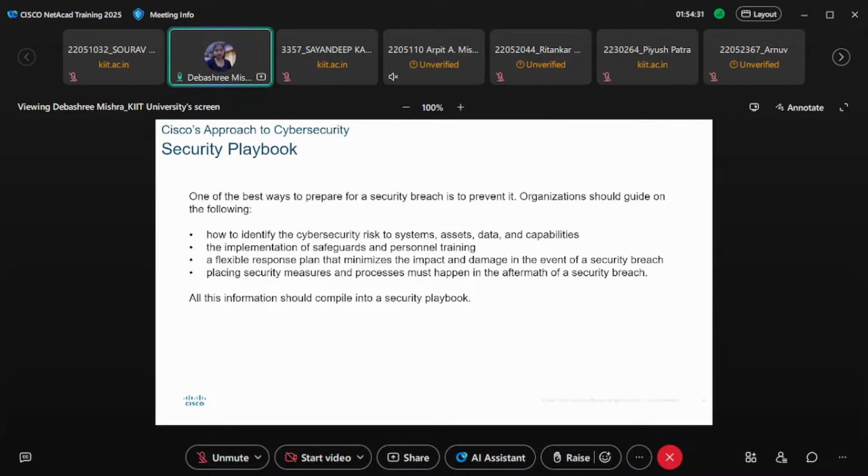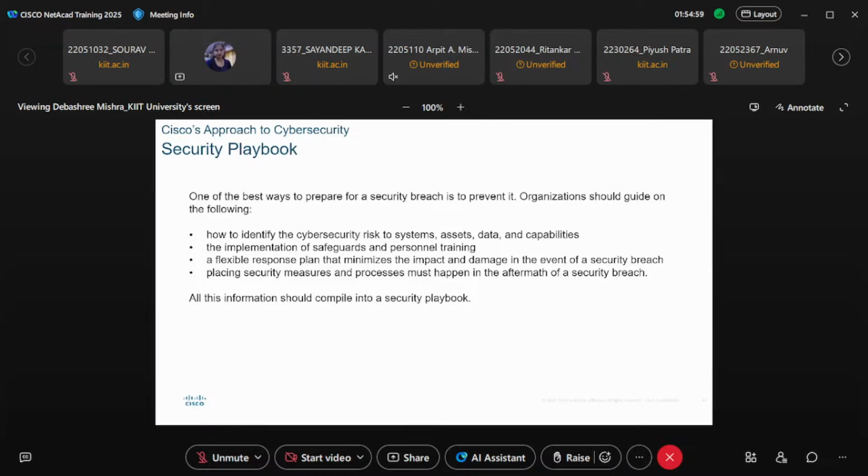The next step is a flexible response plan, meaning minimizing the impact and damage by preventing this kind of attack by increasing the security, so that in future there should not be any kind of security breach. Now, security measures and processes should be put in place so that security improvement is achieved.